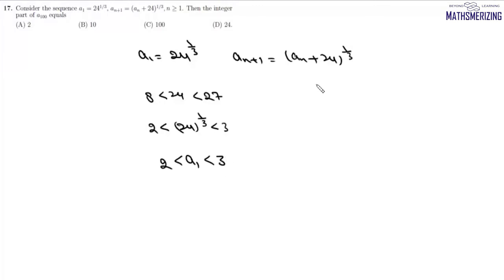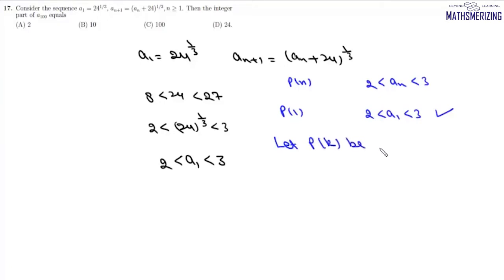Now we'll make an assertion that for any n, a(n) will lie between 2 and 3, and we'll prove it using mathematical induction. Now if we take n as 1, we'll get a1 is greater than 2 but less than 3, which is true. That means the statement is true for n equals 1. Now we'll assume that P(k) is true.